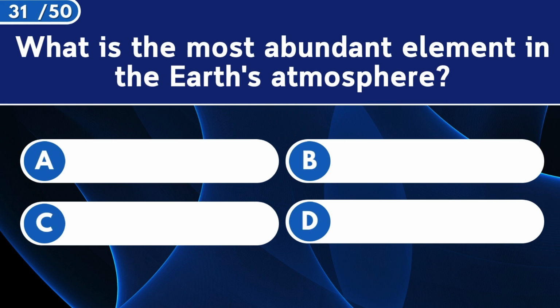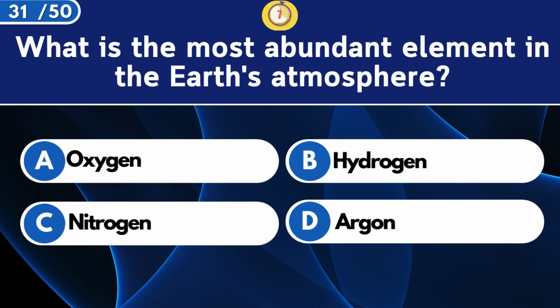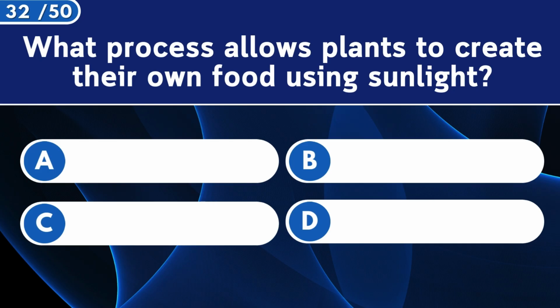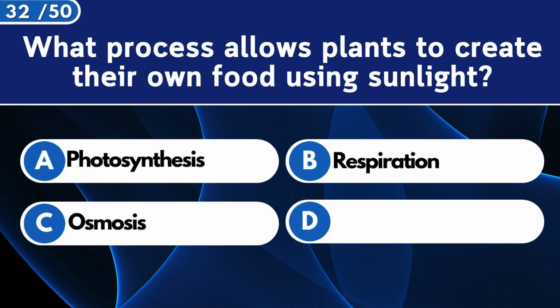What is the most abundant element in the Earth's atmosphere? Nitrogen. What process allows plants to create their own food using sunlight?